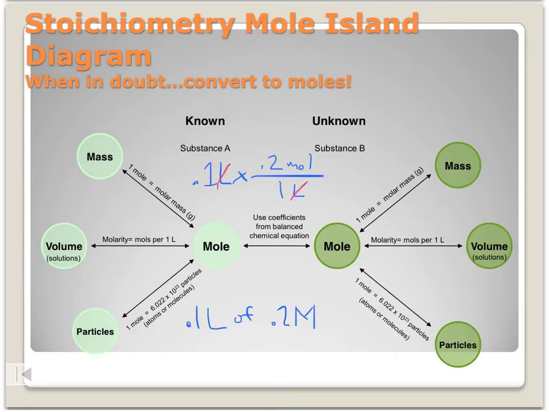Liters can go ahead and cancel out liters, and that tells us that there is 0.02 moles. Now, if this was an actual stoichiometry problem, you'd be given something to convert to, and so you would use this volume to moles as step 1. Then from moles to moles, you'd use the balanced equation, and then from moles to grams, you would just use the molar mass from the periodic table.